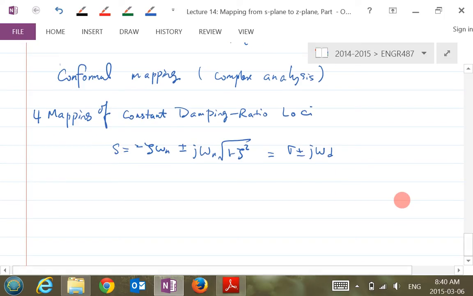If you recall from the previous lecture, I drew this diagram.